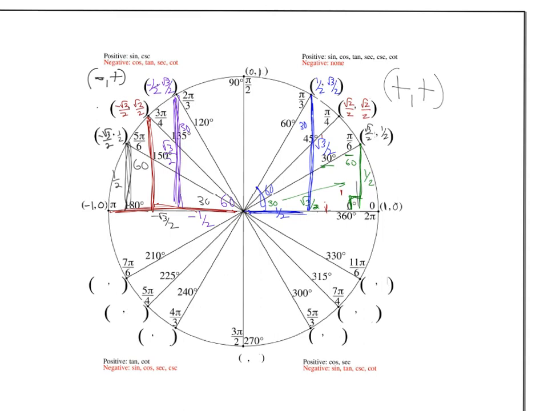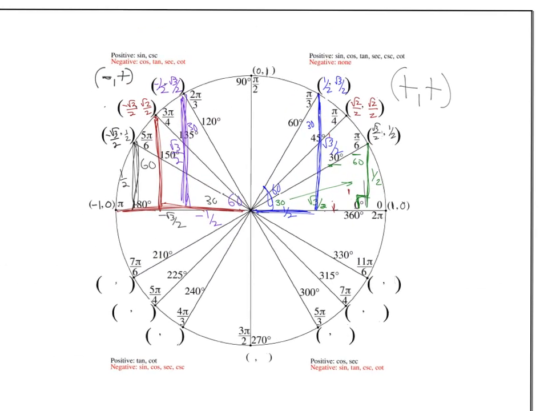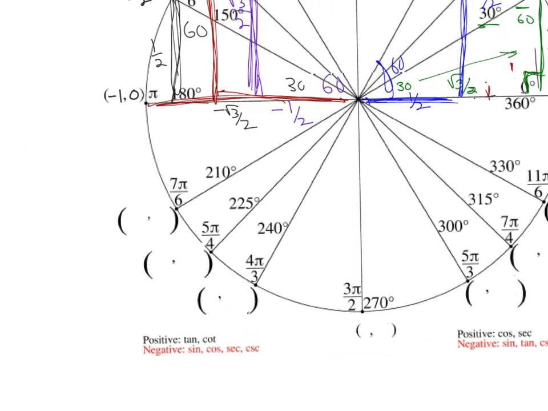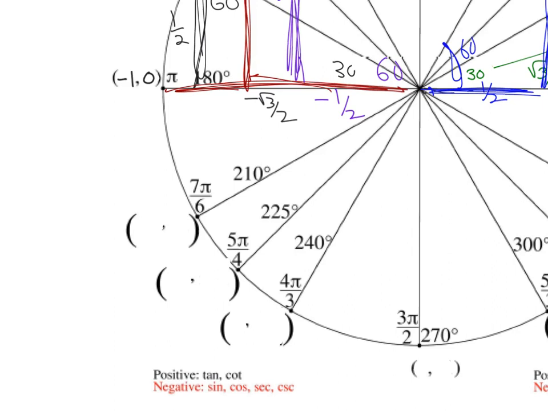Down below, it's going to be very, very similar. So if we look down here, everything is going to be negative down here. If you think about your regular coordinate plane, everything down here was negative, negative.